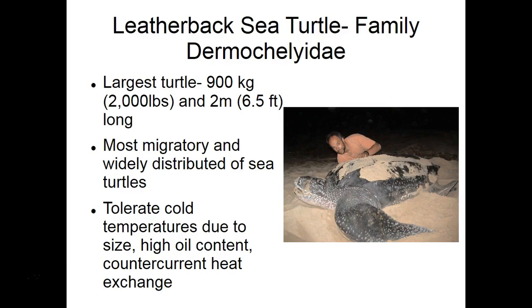They also have an extremely high oil content, which acts as insulation. And just like the tuna that we talked about, their veins are in a countercurrent exchange system as well, so that the veins that are running towards the heart are right alongside the veins that are running away from the heart to the extremities. And therefore, the cold blood that's coming in gets warmed up by the warm blood that's going out before it gets into the inner part of the body, and therefore the turtle stays warm.